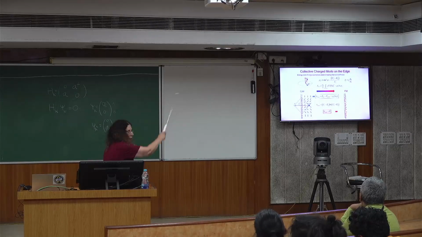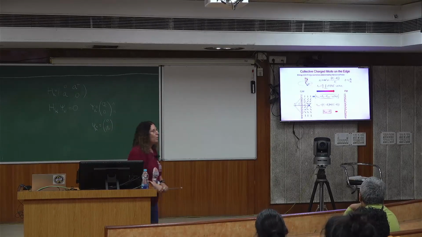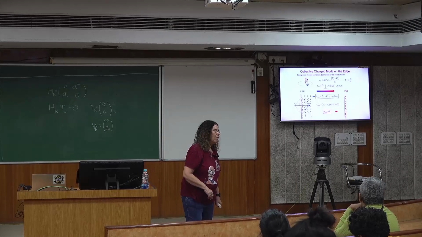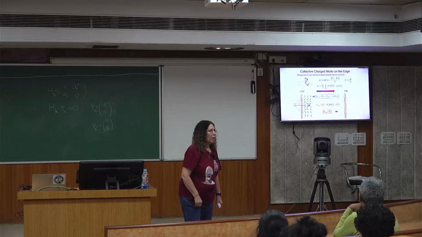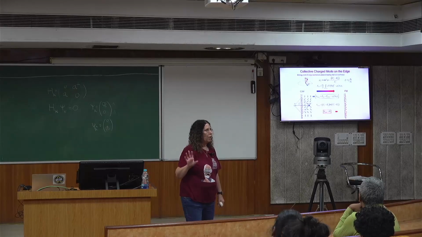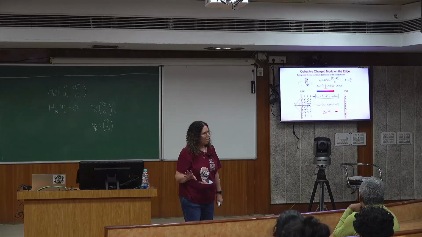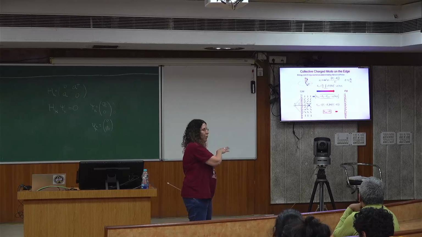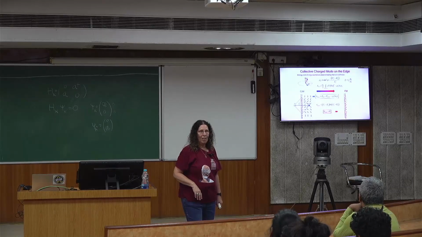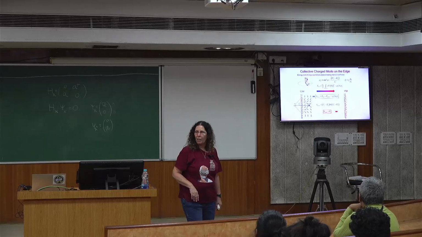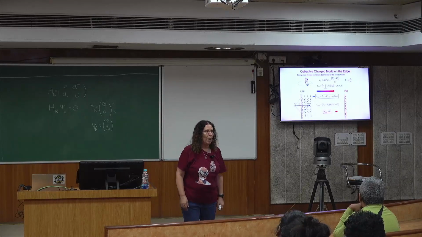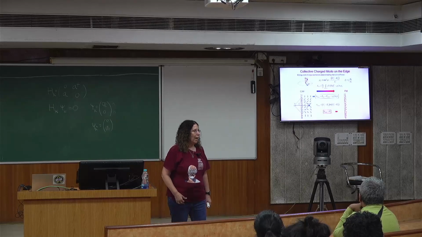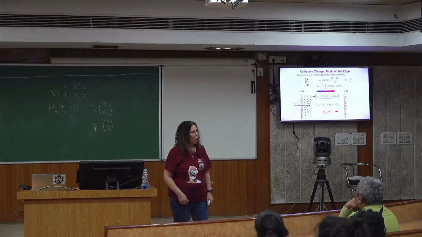It doesn't matter, there is some expression. This means that the edge state is the conducting part. It is not always conducting. The bulk, first of all, in all the phases, is insulating. In fact, in all the quantum Hall states, the bulk is insulating. But the edge is not always conducting.